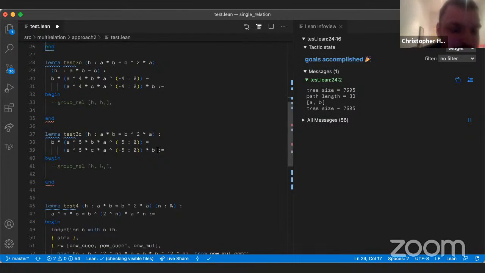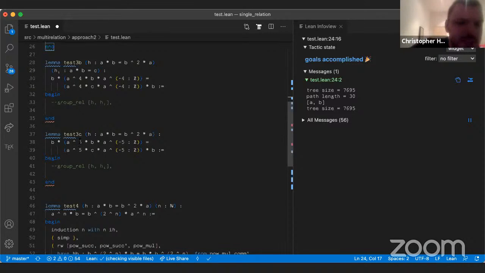You've got to make your word a lot longer before you make it short. So this is quite a hard problem.